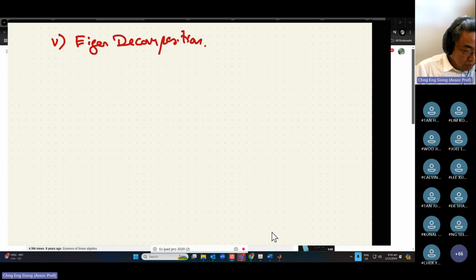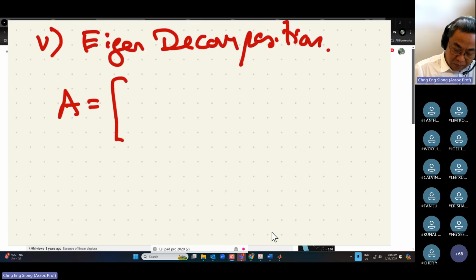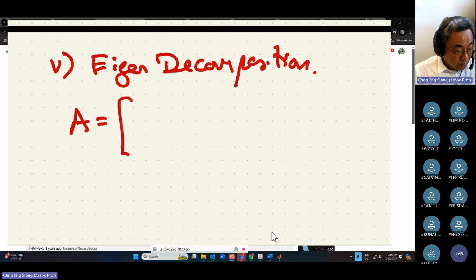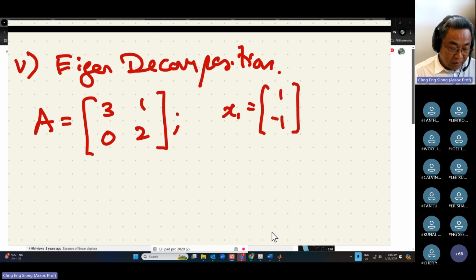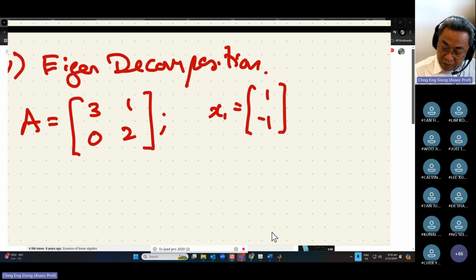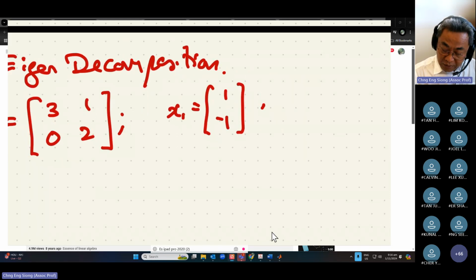Let's still play with this matrix A, 3, 1, 0, 2. And we have found that when x1 is equal to 1, minus 1, this is an eigenvector, and the corresponding eigenvalue lambda is equal to 2. A x1 equals 2 x1. Right, guys?